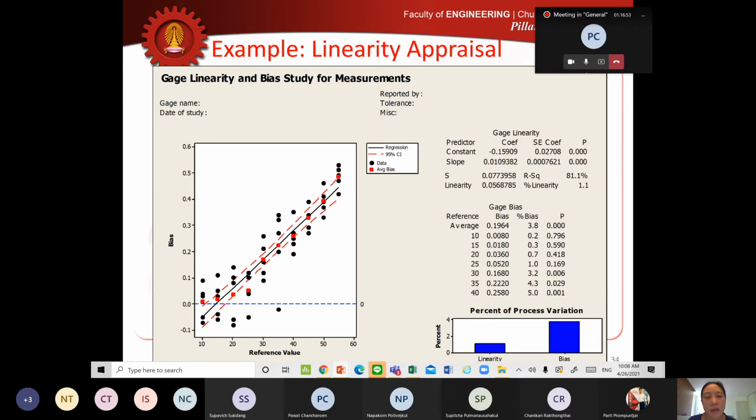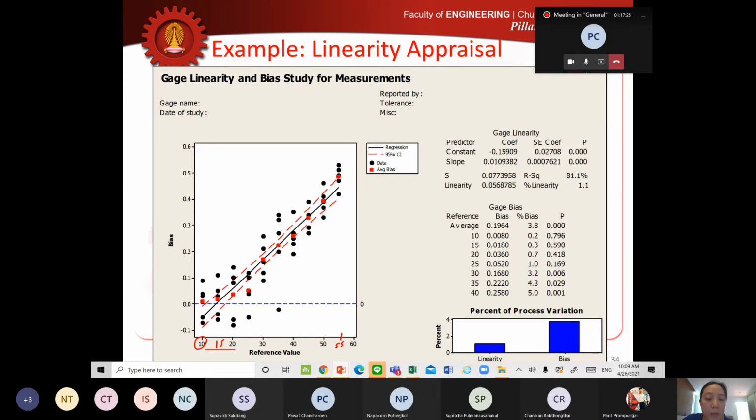Maybe I'll ask some of you, so that you will have a chance to participate. In this case, we have the reference values starting from 10, 15, 20, up to 55, and we have 5 replications of measurements for each part.